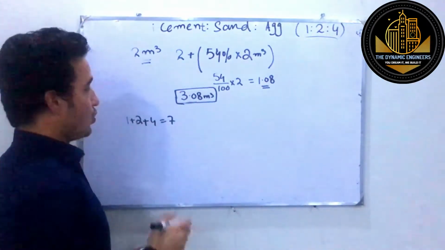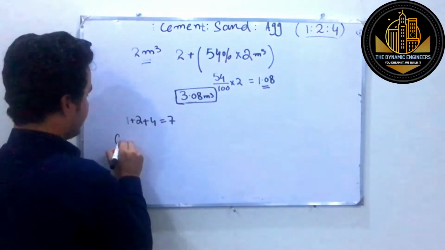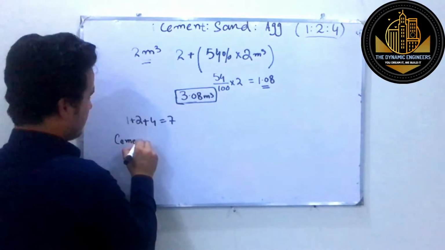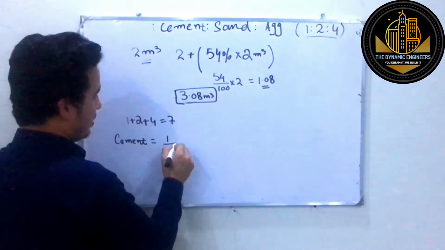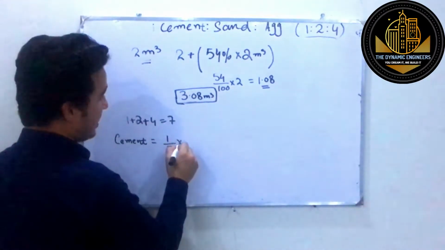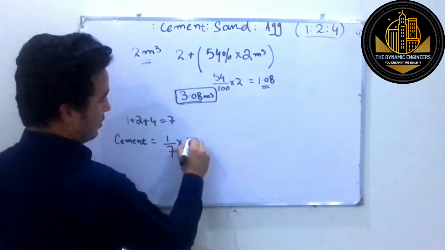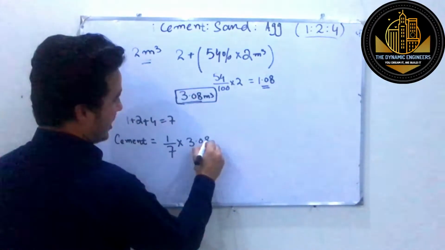Okay, so now the cement quantity is 1 divided by 7 multiplied by total amount 3.08.